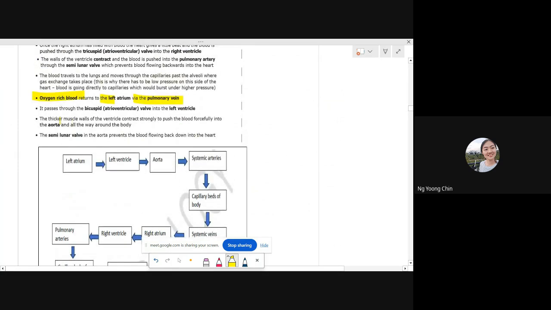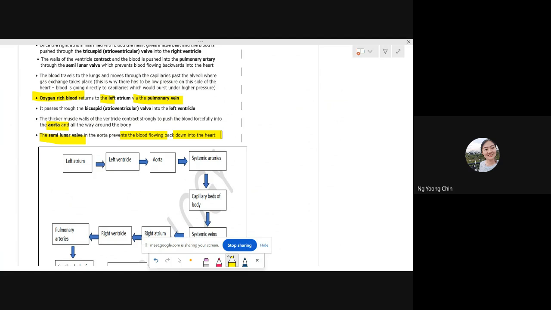The thicker muscle wall of the ventricle contracts strongly to push the blood forcefully into the aorta. Remember the term semilunar, L-U-N-A. The semilunar valves, which are the aortic valve and the pulmonary valve, prevent the blood from flowing backward into the heart.